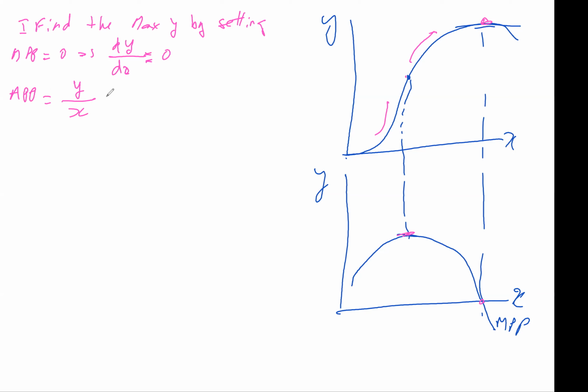The average, of course, averages the marginals. So let's say I have 2 to 4, that's 2. And then since it's increasing, I get 7, that's 3.